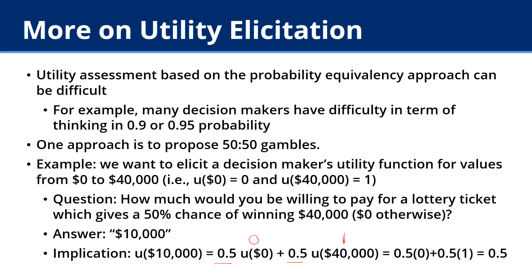So the utility for $10,000 for this decision maker ends up being 0.5. By using a 50-50 lottery, we've now deduced the utility for this decision maker for the value of $10,000.